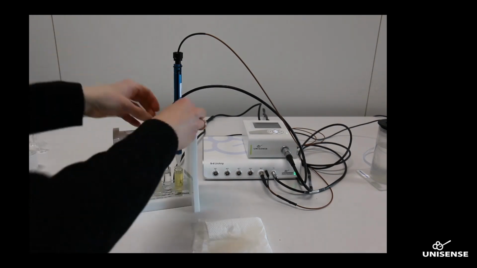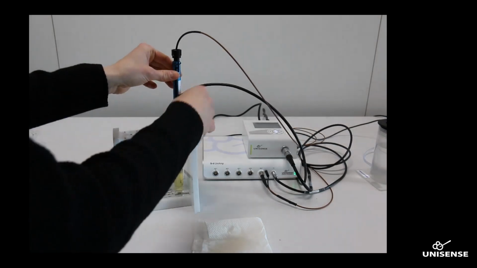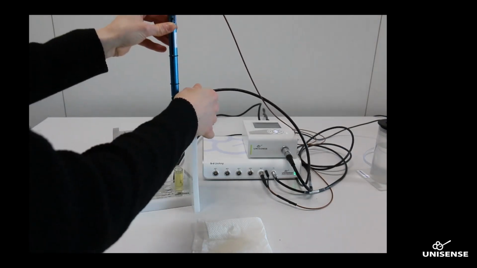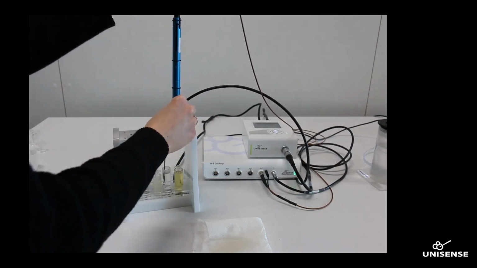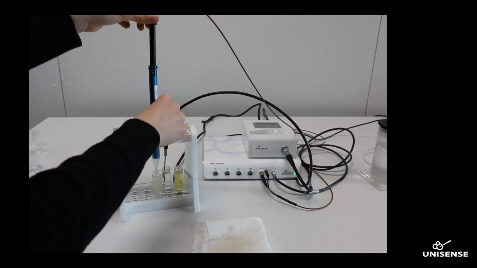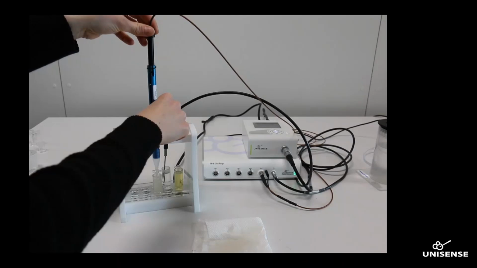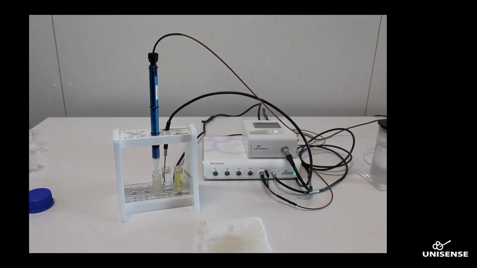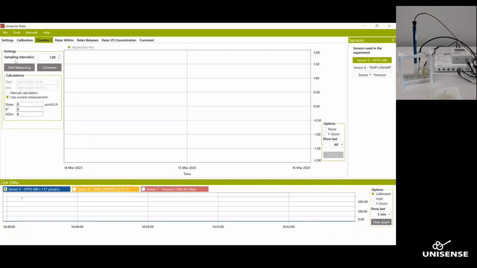Okay, then I will move the sensor. Yeah, and then we can start measuring.